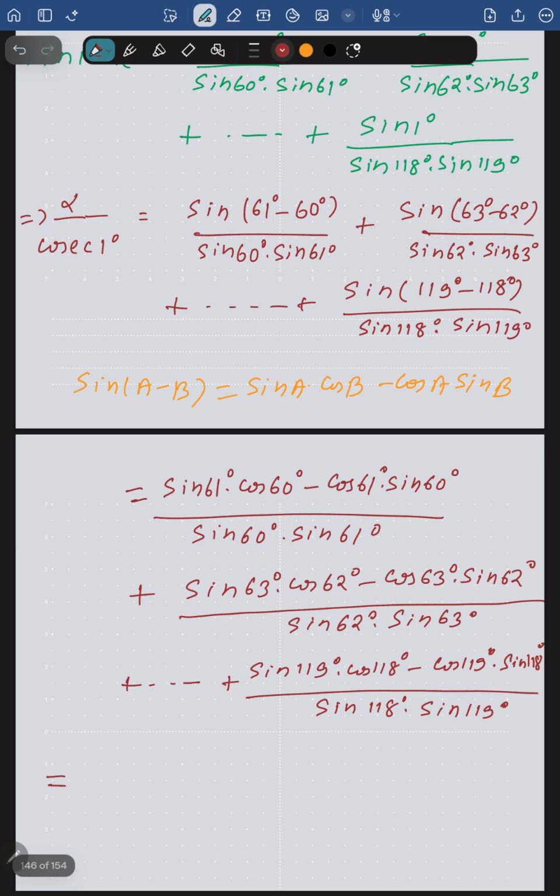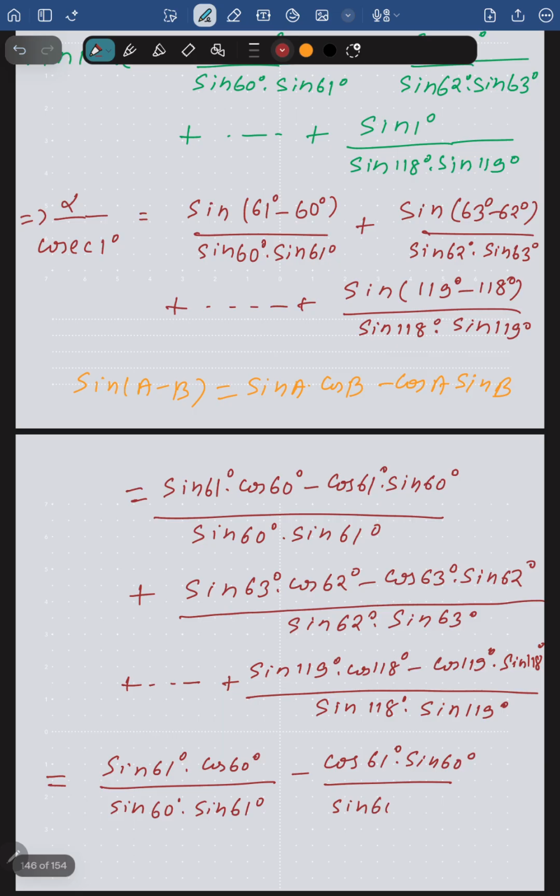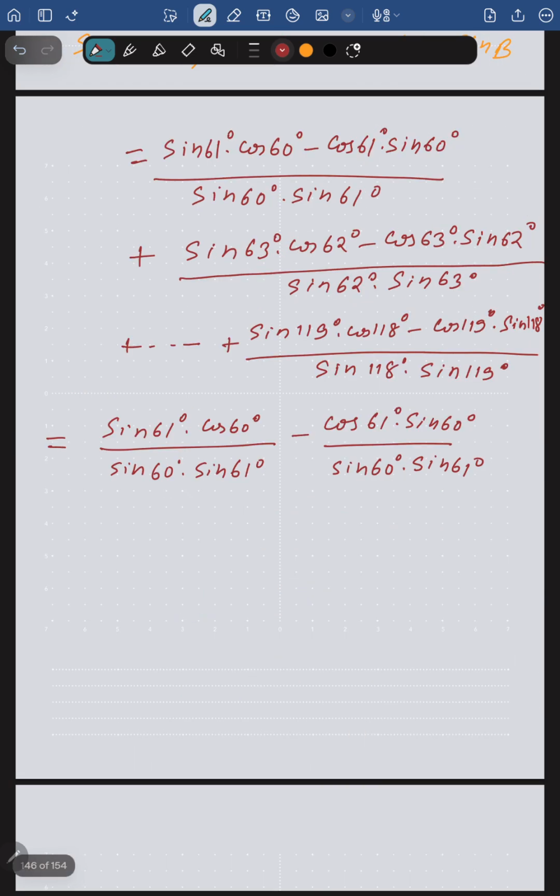So like that every term we will do. This is for the first term.